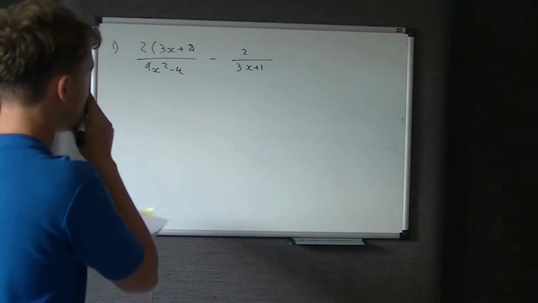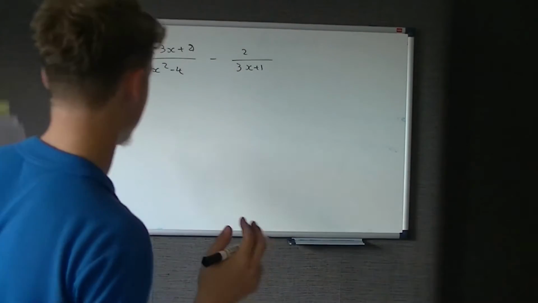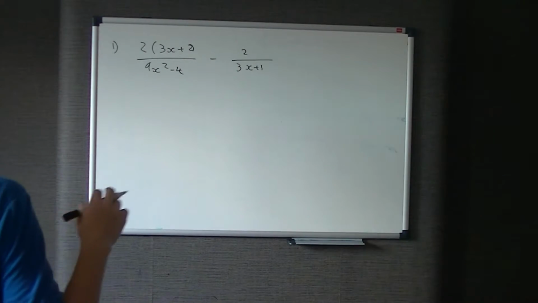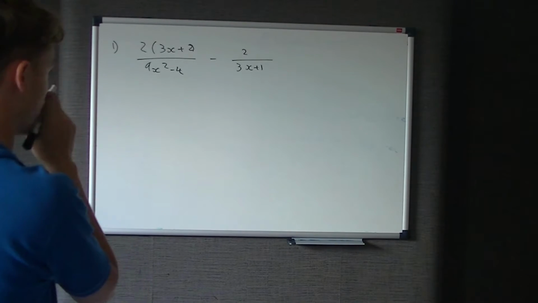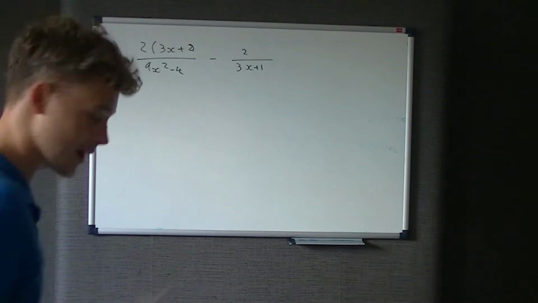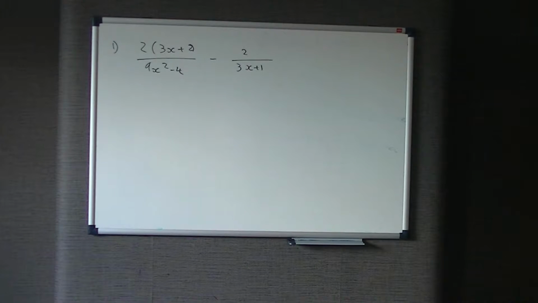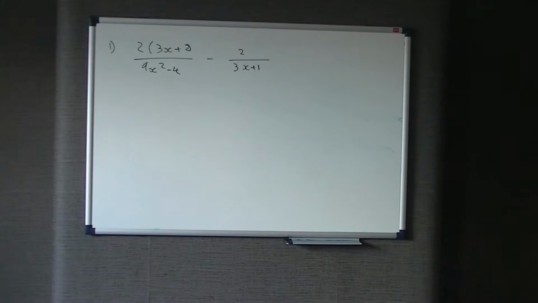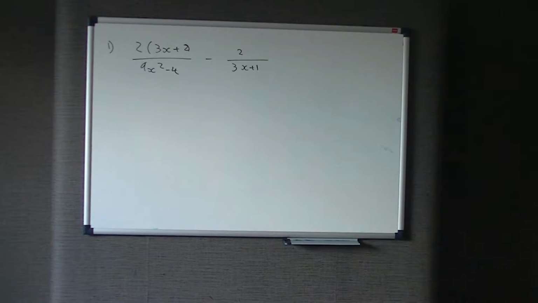Yep, that's right. So just to recap, what it says on the board: 2 brackets 3x plus 2 over 9x squared take 4, take away 2 over 3x plus 1. Okay, so if you're feeling confident, you can have a go at that and we'll go through it in a minute.